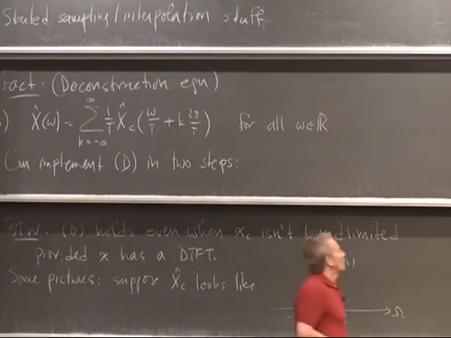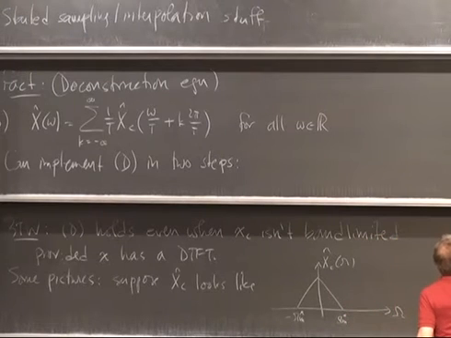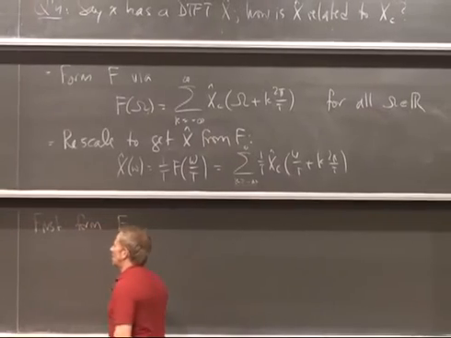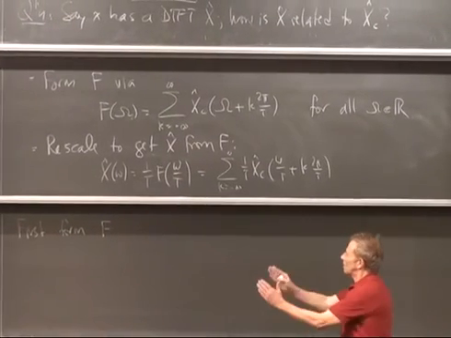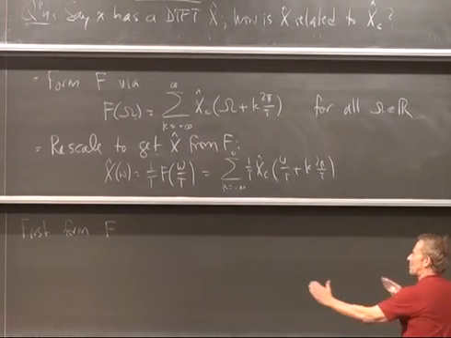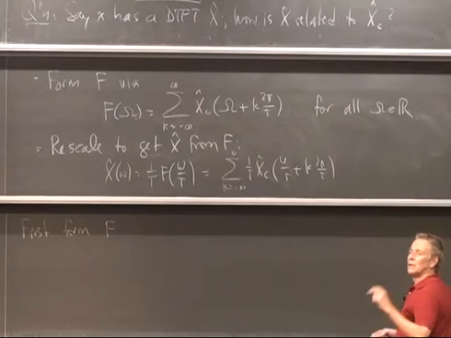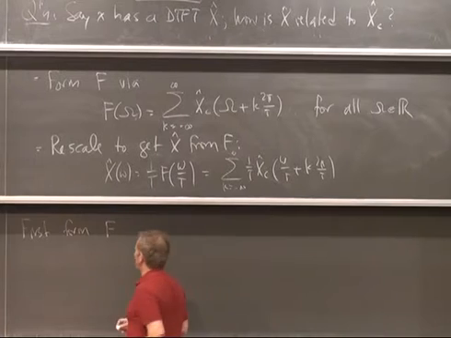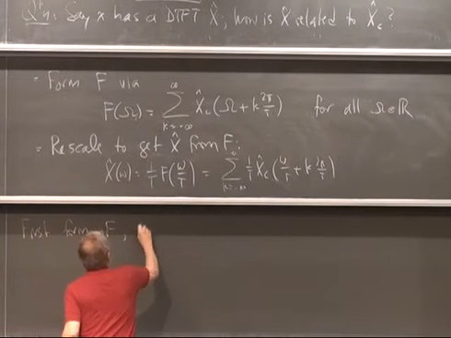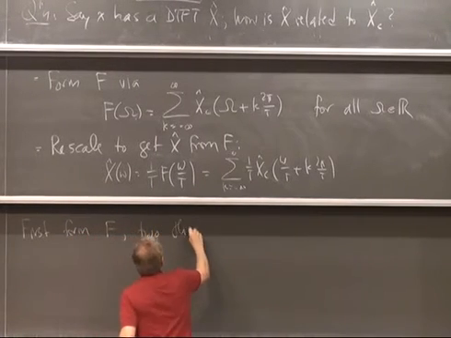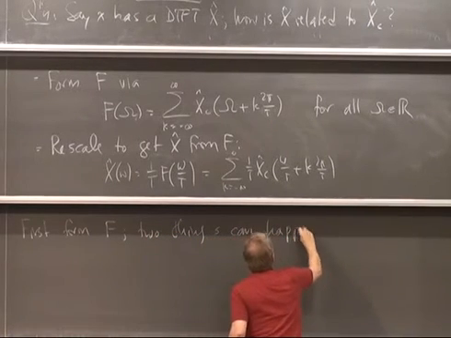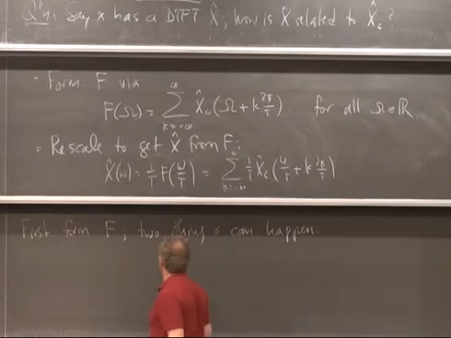Let's form f. To do that, you take all the 2 pi over t shifts of that picture and add them all together. Two different things can happen, one of which will happen, the other of which won't. Thing number one is this.